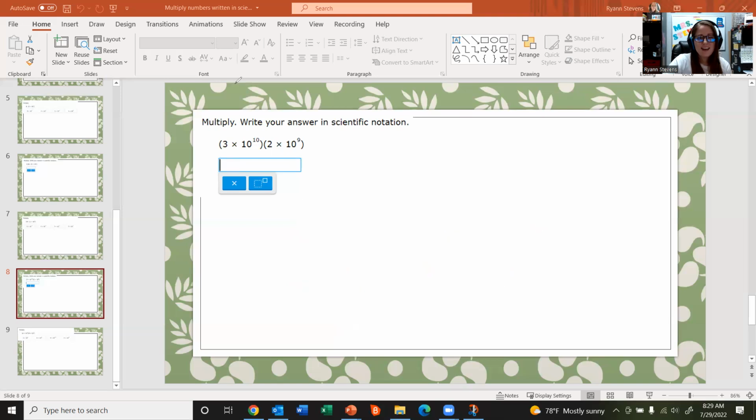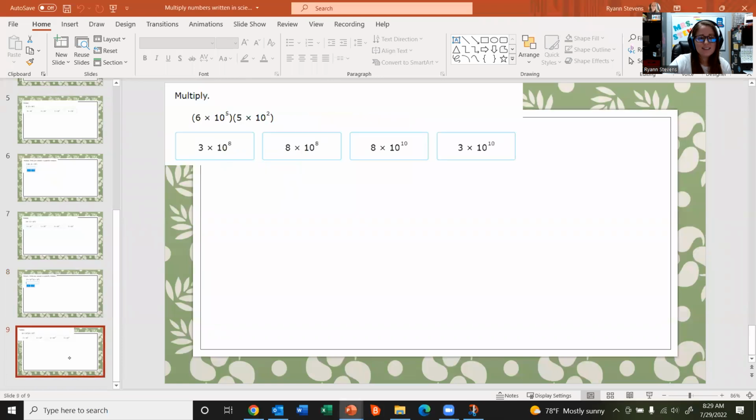All right. So the next example, and this was the last one. So we've got 6 times 10 to the 5th power. And then we've got 5 times 10 to the 2nd power.